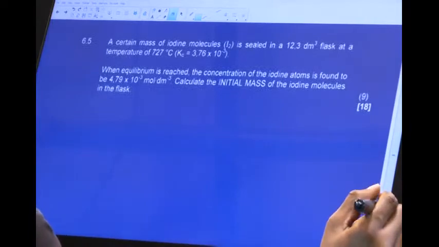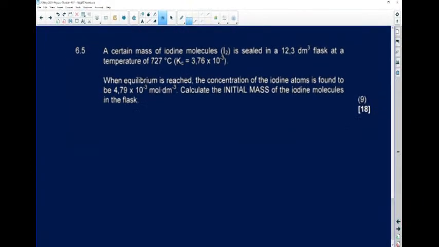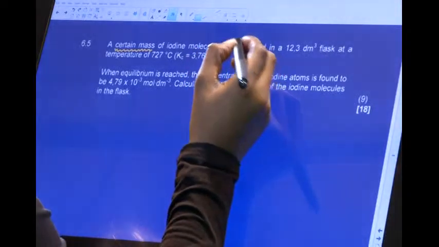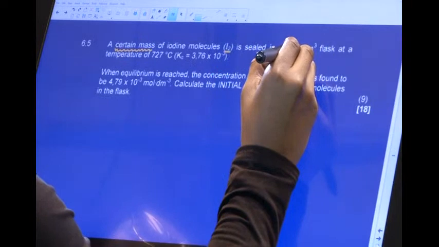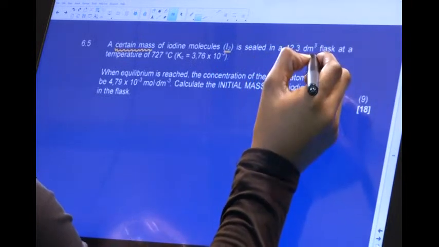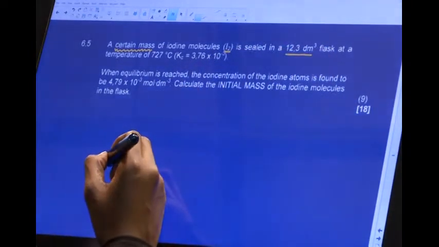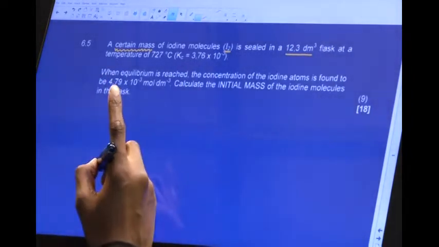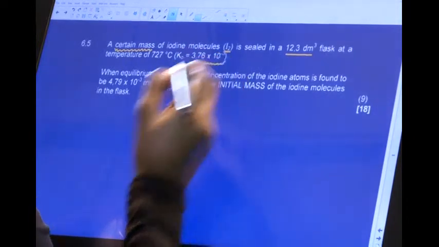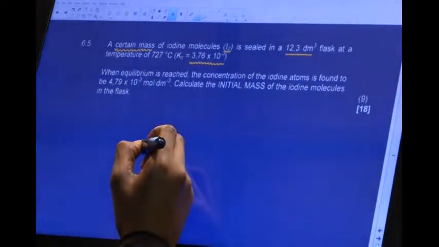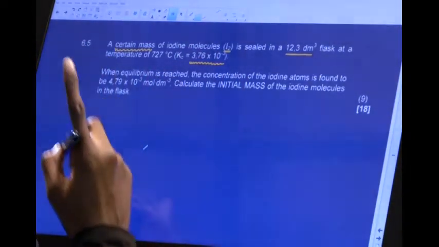And then here is question number 6.5. It says an unknown mass of iodine molecules, which is I2, I can already see that it has a mole ratio of 1, is sealed in a 12.3 cubic decimeter flask at a temperature of 727 degrees Celsius. The Kc is equal to 3.76 times 10 to the negative 3.